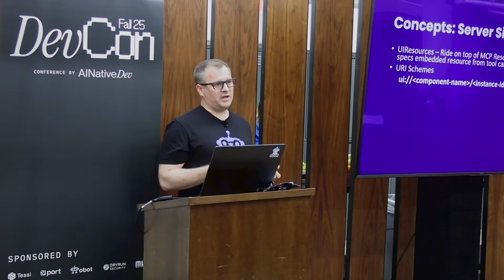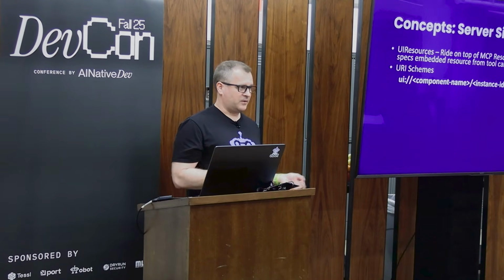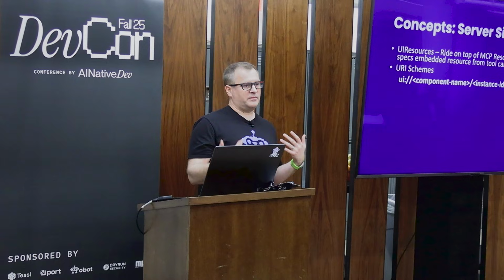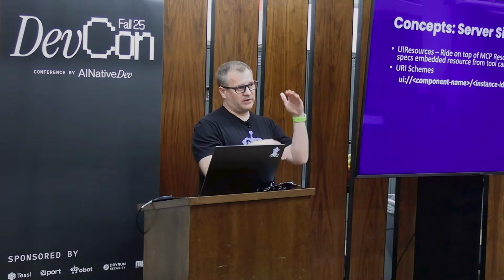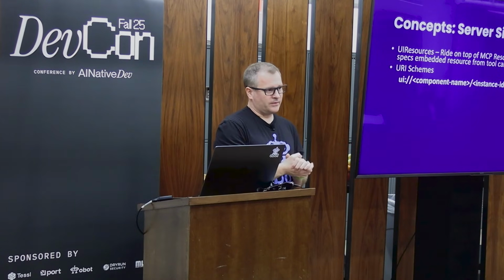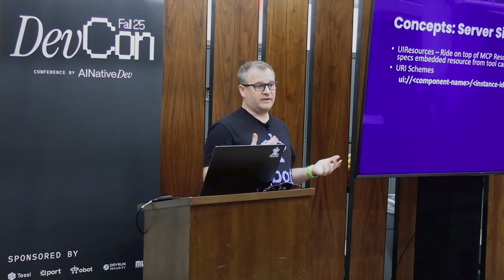And then they're also making use of the spec where a tool call can return an embedded resource. So as part of its response, you can return both the text and these embedded resources, and it's up to the client to figure out what to do.